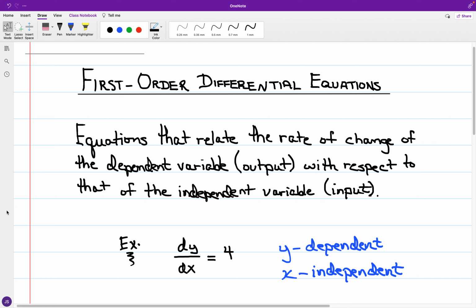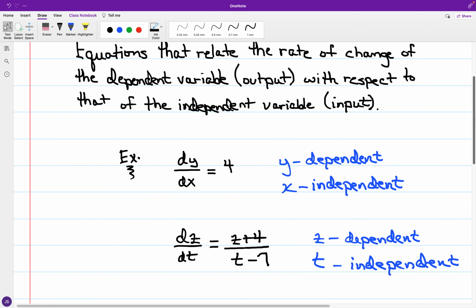Another case of a first order differential equation is dz over dt is equal to z plus 4 all over t minus 7. So here you're looking at the rate of change of z with respect to that of t. And so in this particular equation, z is the dependent variable again.